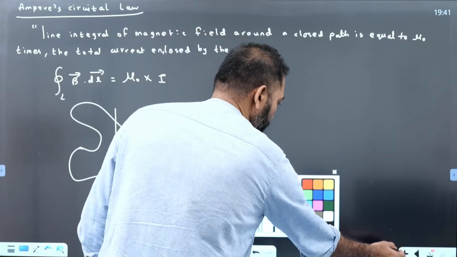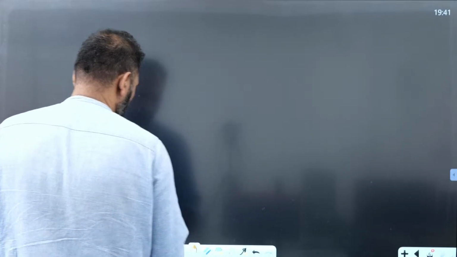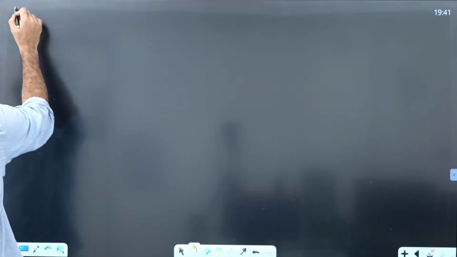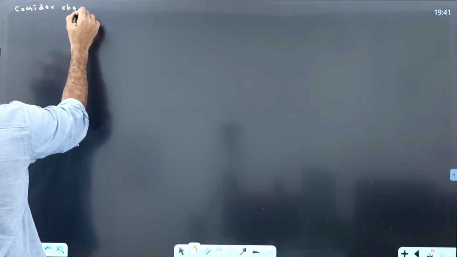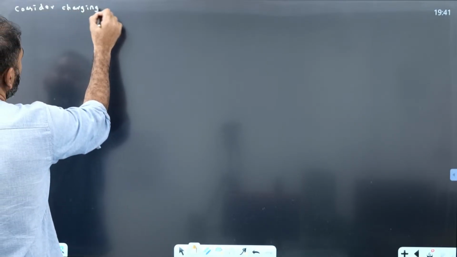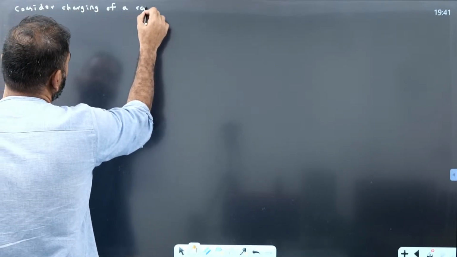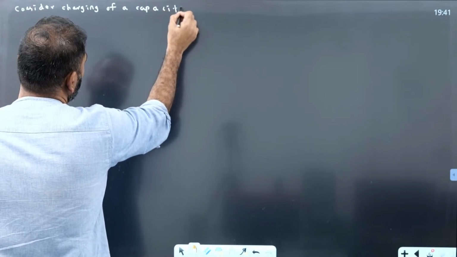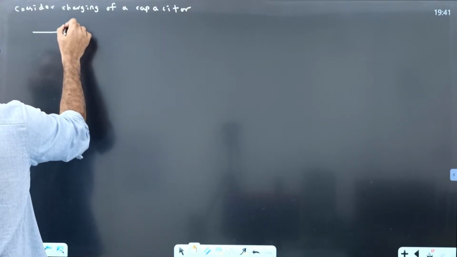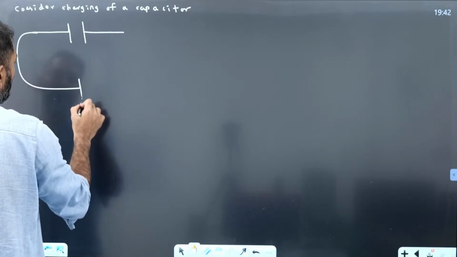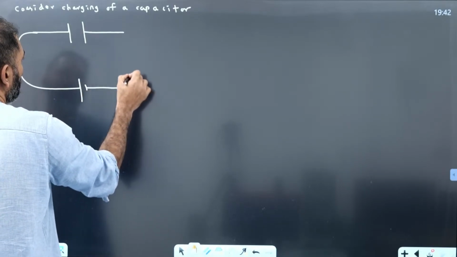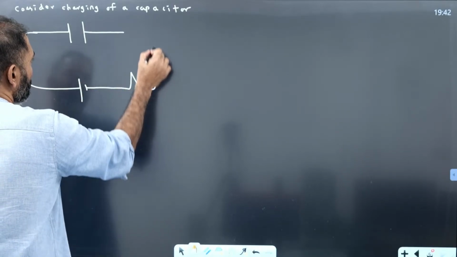Next I am going to prove Ampere's circuital law wrong. Consider charging of a capacitor. Say capacitor. There is a cell and there is a switch.